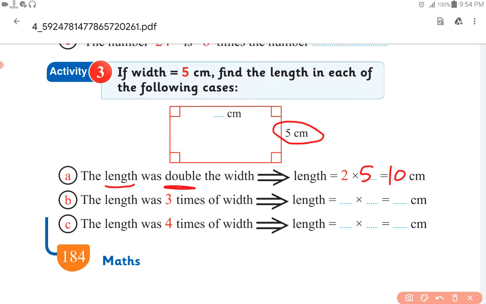The length was 3 times the width. يبقى ايه 3 times الويدث عندي 5. يبقى 3 times 5 it will be 15. بعد كده 4 times the width. يبقى 4 times 5 it will be 20.